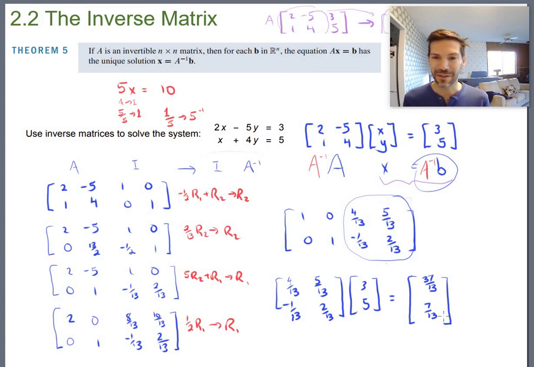We could certainly check it back in the original equation, or you could check it just by doing a matrix multiplication with your matrix calculator and make sure that this is what comes out. And maybe I'll just actually check it that way, since I'm not super confident in my multiplication here.